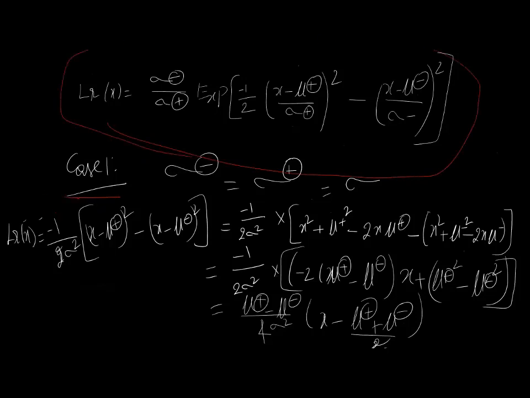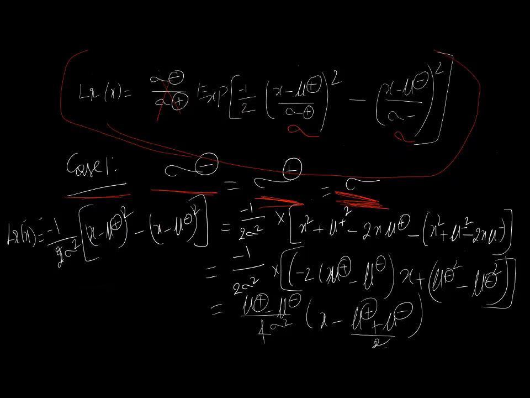Now case 1: if rho negative is equal to rho positive, and both are represented with rho, then rho negative by rho positive becomes 1, so this gets cancelled, and we have e power minus 1 by 2 times (x minus mu positive) by rho, or (x minus mu negative) by rho.